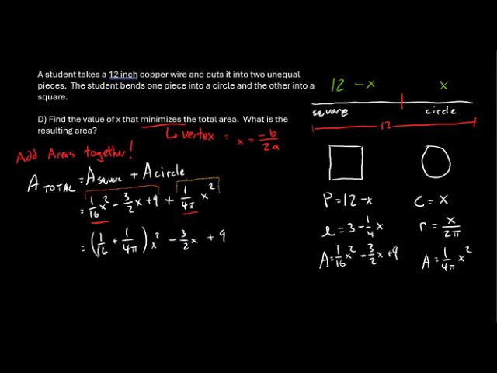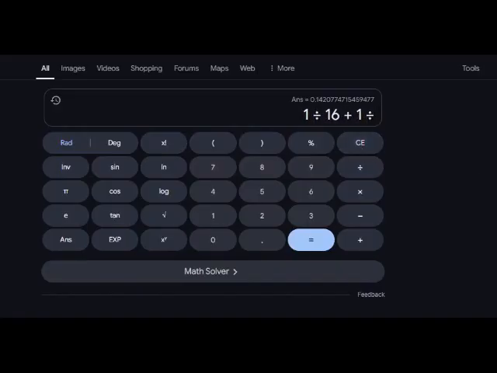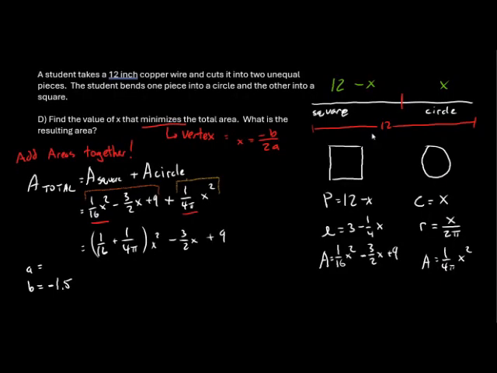In this case, our b is negative 3/2, or if you want to write this as a decimal, we'll say negative 1.5. To get a, we'll have to use a calculator where we take 1 over 16 plus 1 over 4 pi. When we enter this expression into our calculator, we get 0.142.